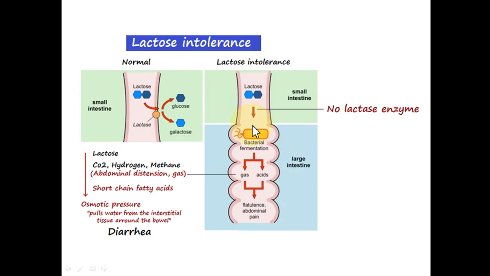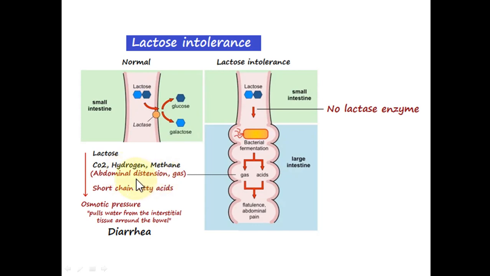Particularly, when this unabsorbed and undigested lactose enters the intestine where the normal bacterial flora is present, this bacterial flora will cause fermentation of the lactose. Lactose fermentation will result in the production of gases like carbon dioxide, hydrogen and methane, and these gases will cause abdominal distension, flatulence, and a feeling of discomfort and indigestion.